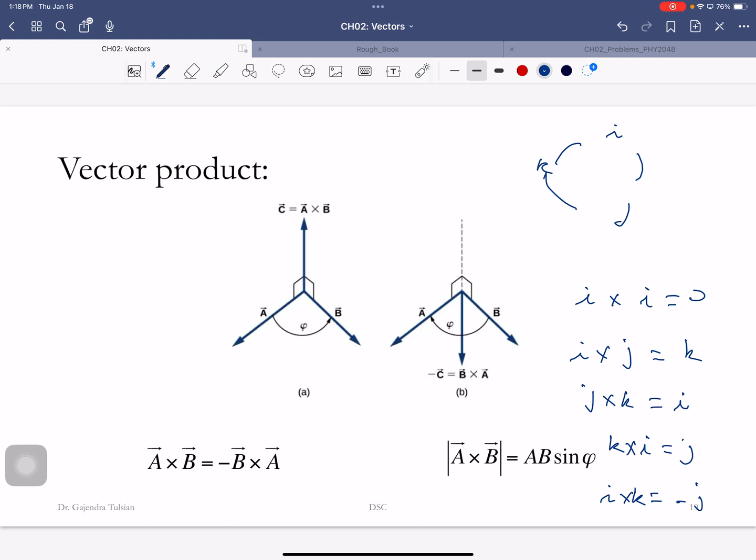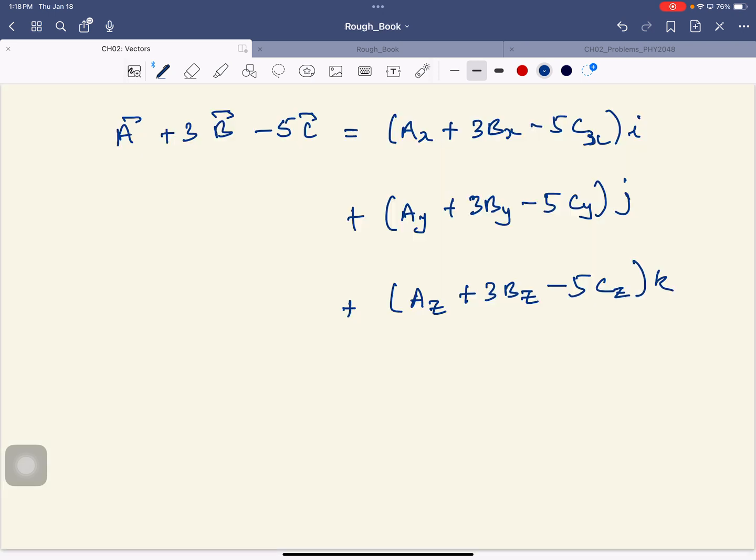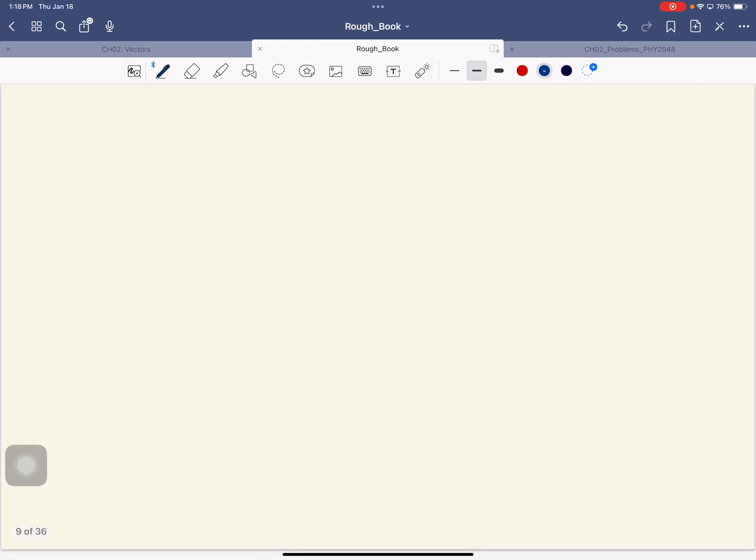Now that you know that, you could use that trick to find cross products as well. So 5I plus 6J crossed with 3I plus 4J. This would be 5 times 3, 15, I cross I, which is 0. 5, I cross J is K, so 5 times 4 is 20K.